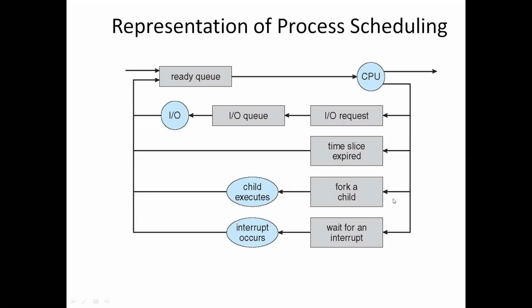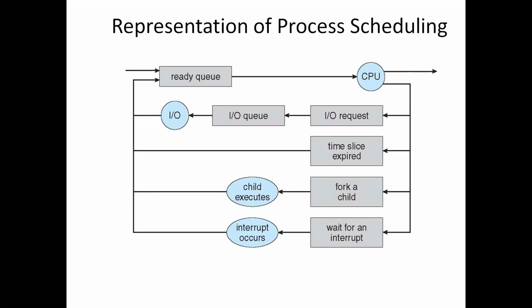Like this, the process will change its states from one queue to another queue. The process will migrate from the ready queue to the IO queue with an IO request, or if the process wants to wait for some time.